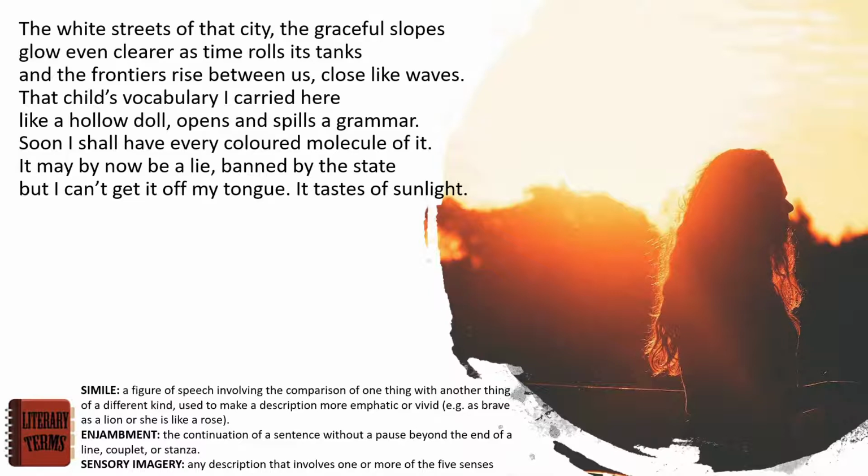So everything about her homeland is obviously linked to conflict, but she's constantly trying to pull back from that and show that it doesn't matter what's happening, it doesn't matter how bad it is, her memories of her country are always going to be strongest. So the white streets of that city, the graceful slopes glow even clearer as time rolls its tanks and the frontiers rise between us.